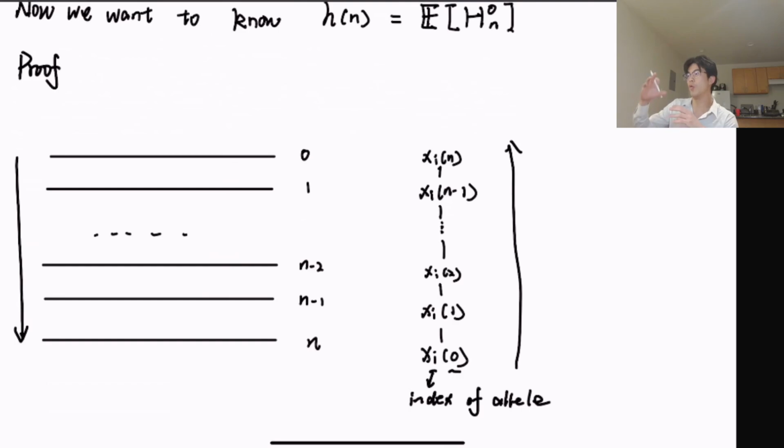Remember, we sample the nth generation from the n-1 generation, right? So if we have one allele in the nth generation, we must be able to trace back to its ancestors, to its father, grandfather, mother, grandmother, and so on. It has to exist in the previous generation in order for it to be chosen in the next generation. So we can go all the way down.